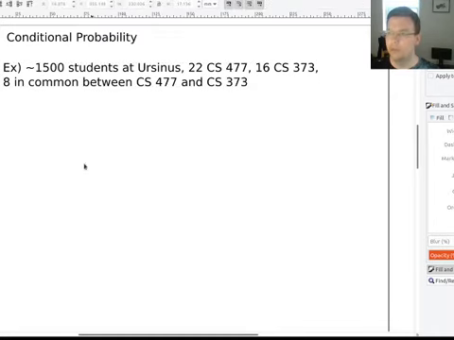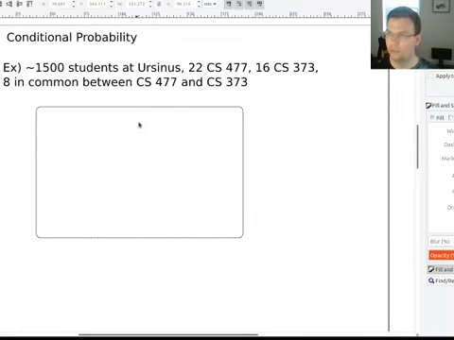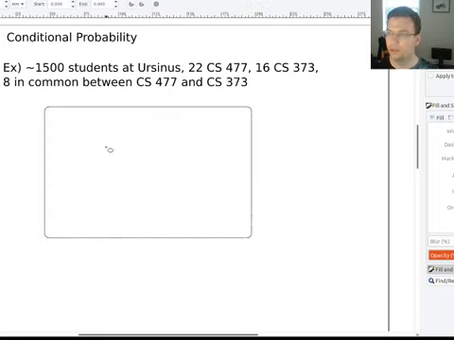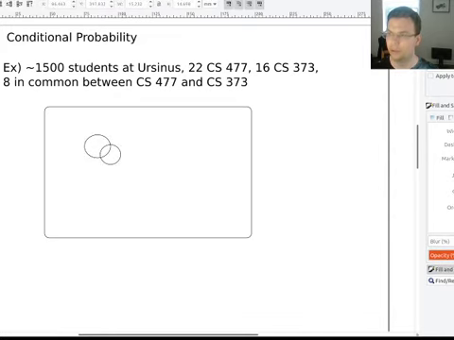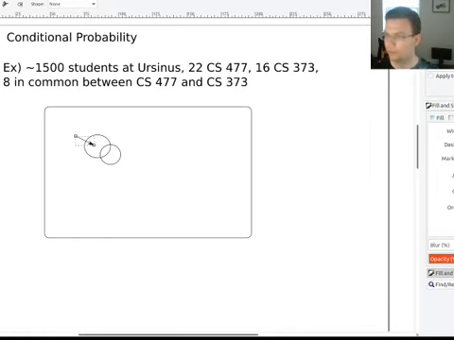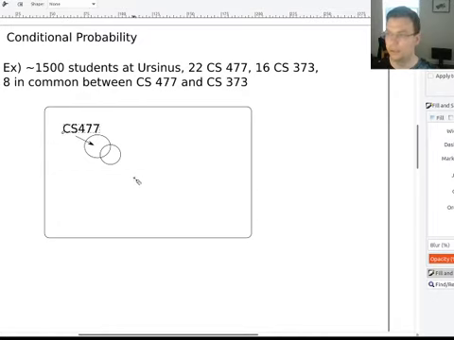So now, if we think of the probability over an event space that includes all students and what they're taking, the probability of being in 477 or 373 goes down quite a lot. So let's say that this slightly bigger oval here is 477 in this Venn diagram, and the slightly smaller one is 373.